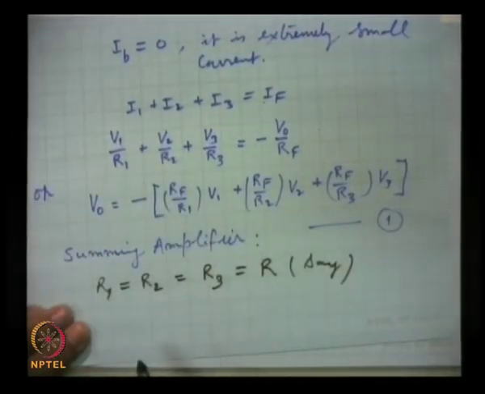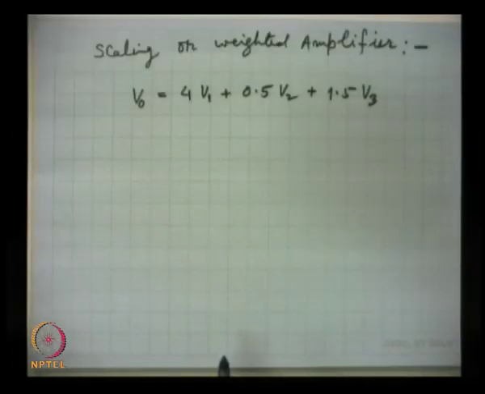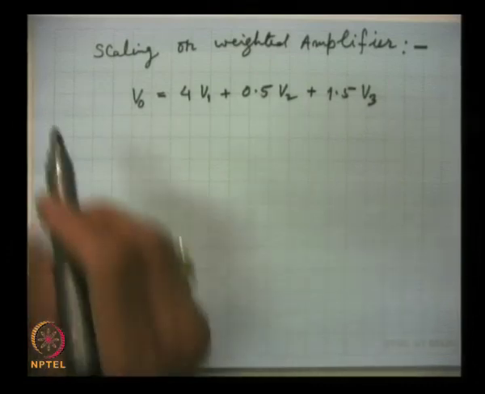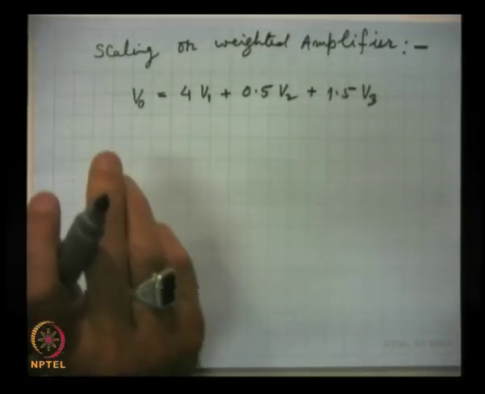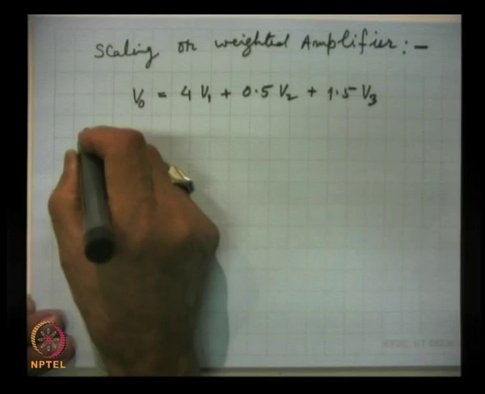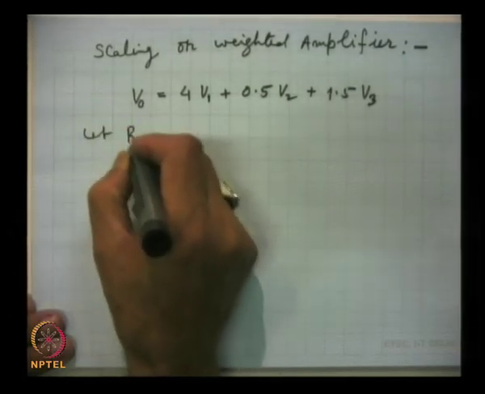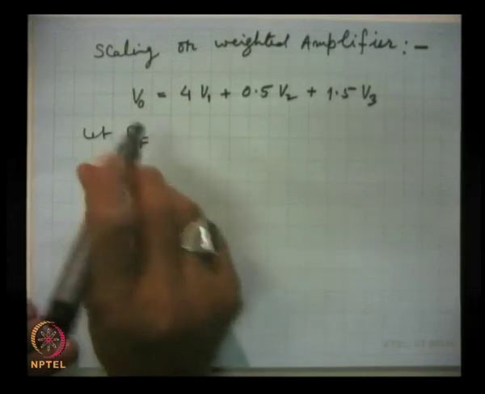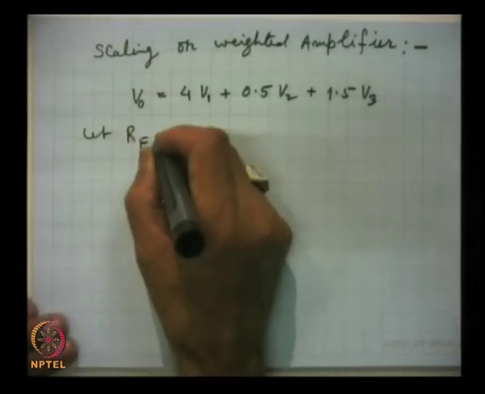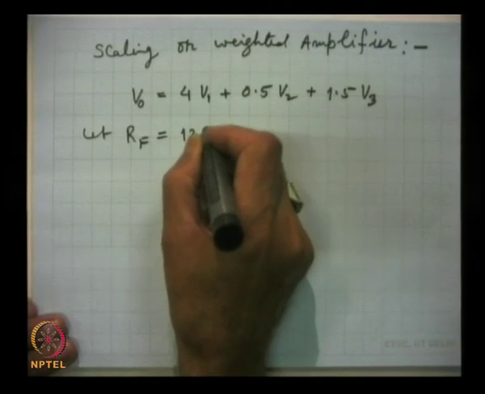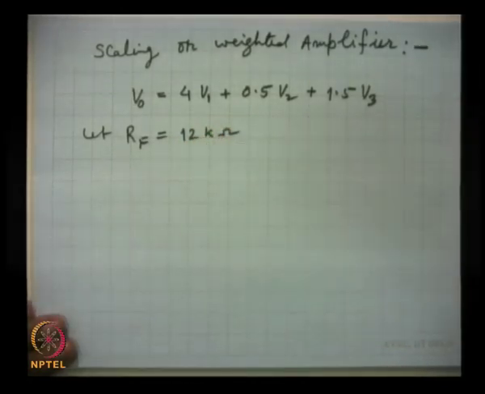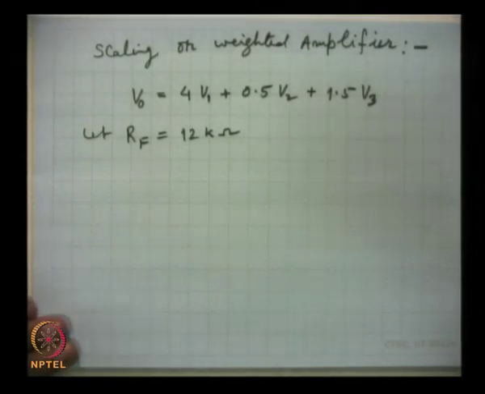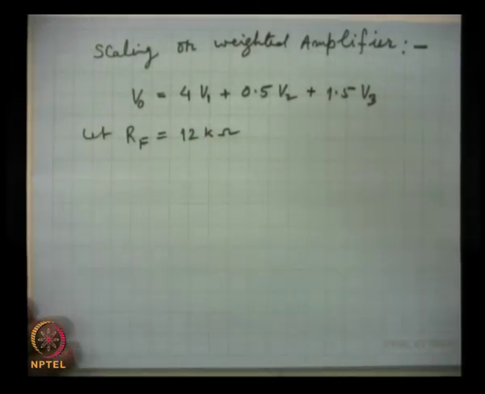Now in this case, if we choose a particular value of Rf, for example, let Rf, the feedback resistor, be of the value of 12 kilo ohms. We can choose 24, but just as an example I am taking 12.